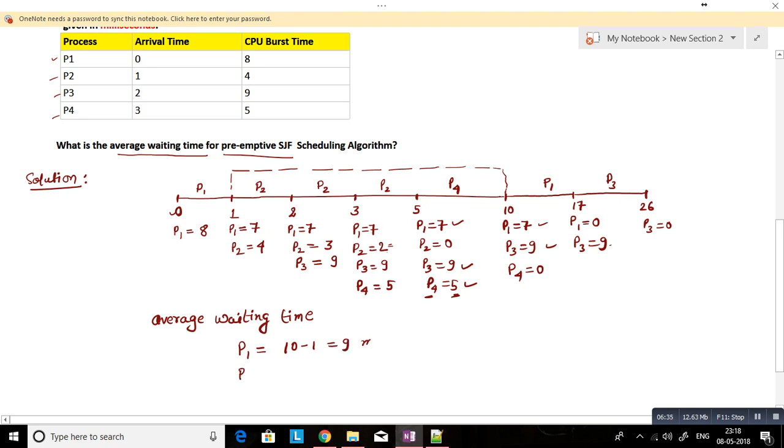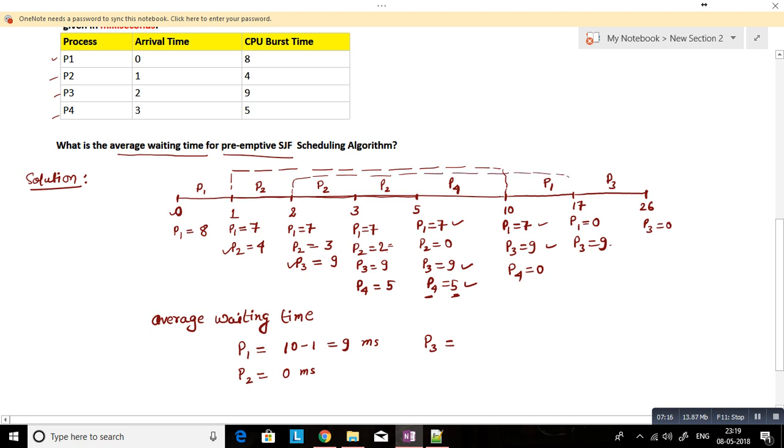Now P2 arrived at 1 and it is continuously executing, so no waiting time for P2. So the waiting time for P2 is 0 milliseconds. Now P3 arrived at 2 and it has to wait up to this point.